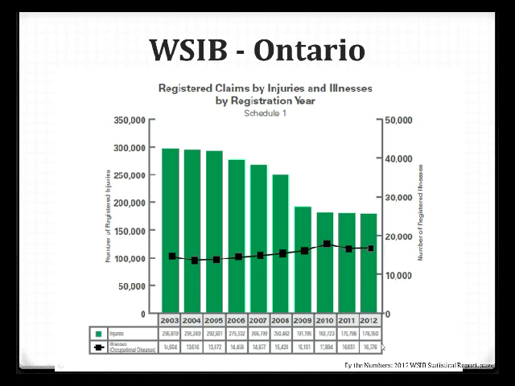Of those, there were almost 17,000 that were considered occupational diseases. So 8% of all claims registered in 2012 were related to an illness or a disease, as opposed to an injury, which was more focused on the musculoskeletal system. So it's not, in reality, a small problem.